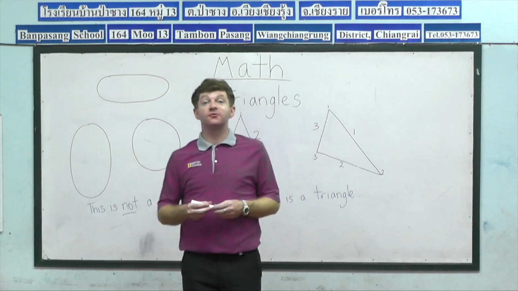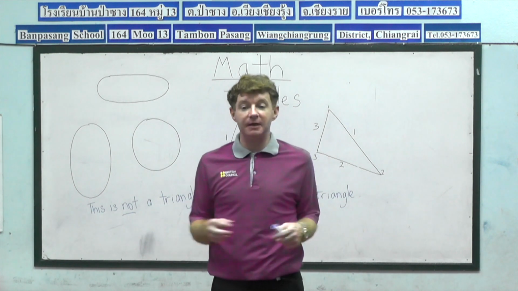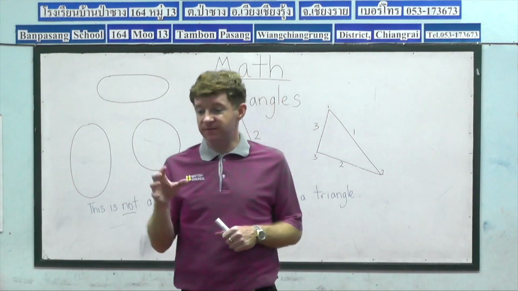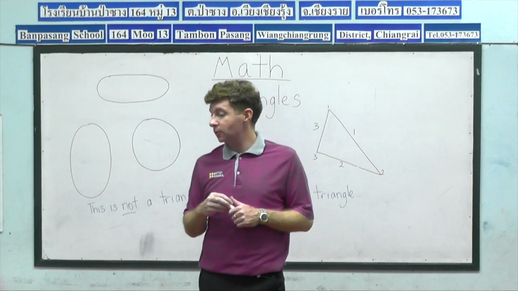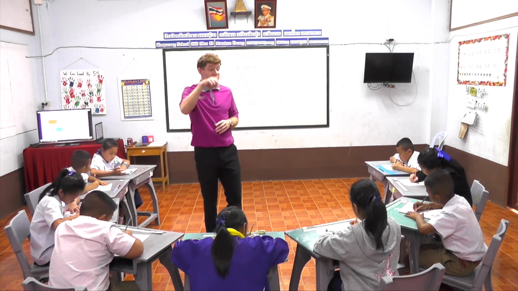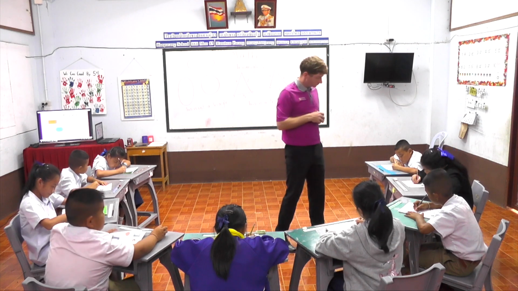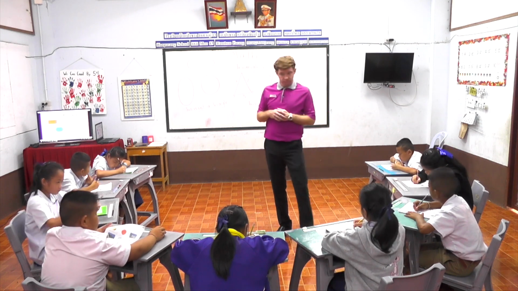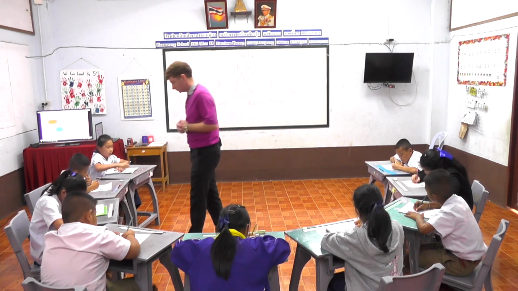So that our students can begin to understand how to view shapes in real-life objects, they can decide for themselves whether each item is a triangle or not. This is not a triangle. A coin is a circle. Excellent.